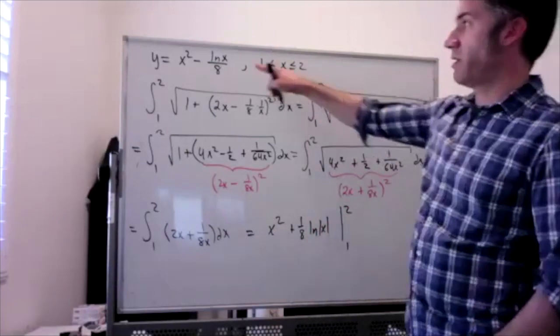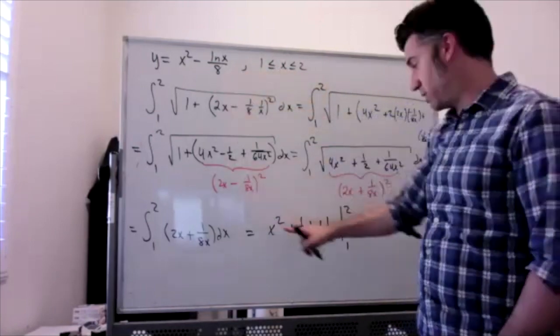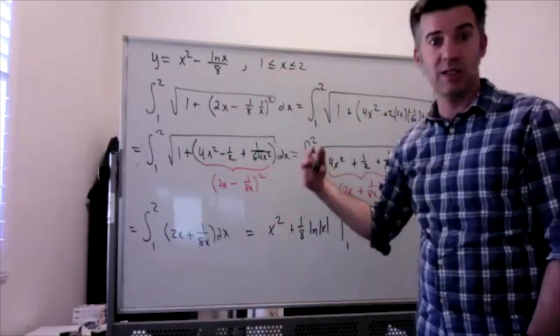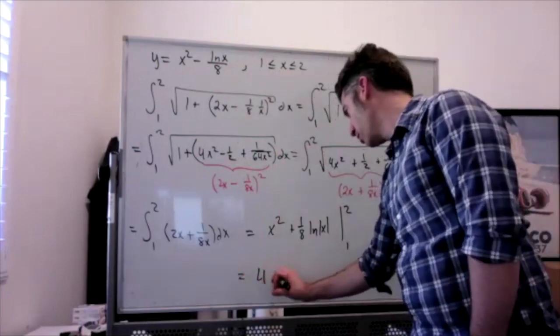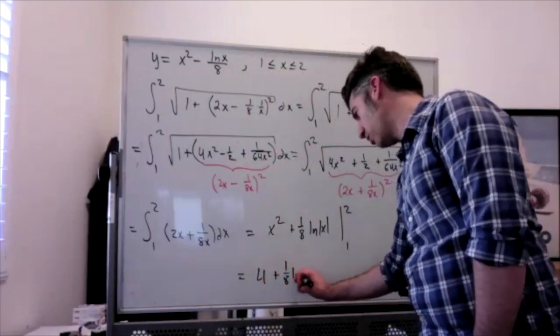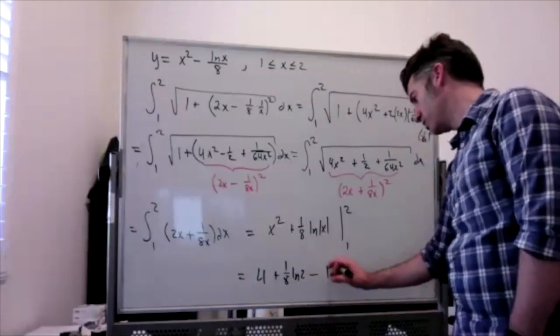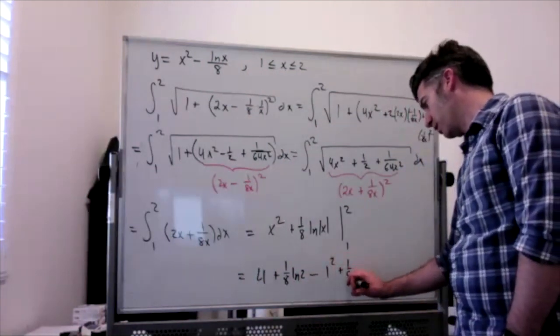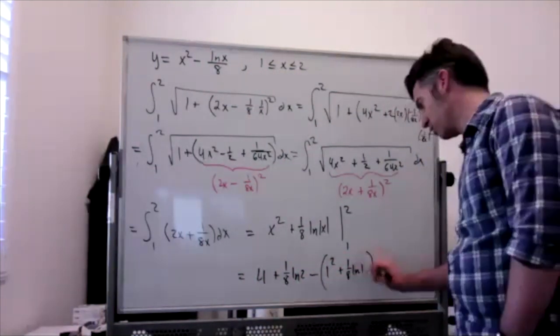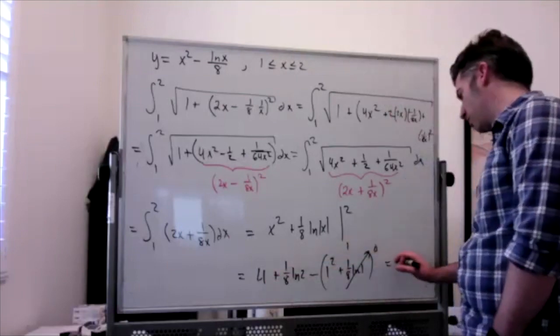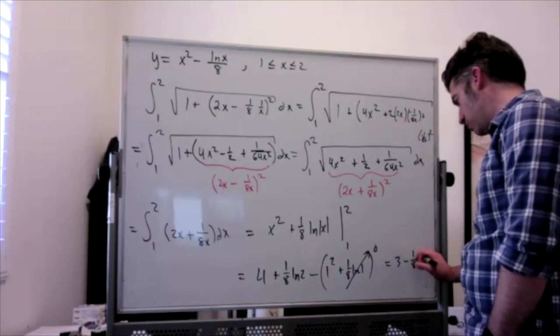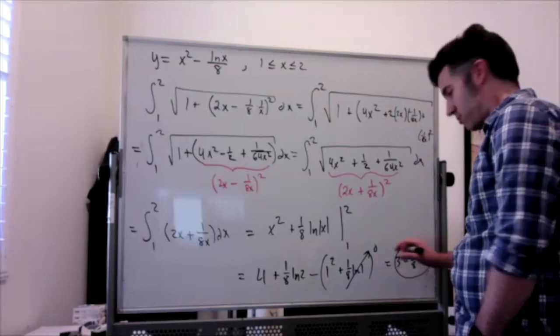And look, I'm back at the function I started with, except the sign between the two pieces is changed. So then you're going to get 2 squared plus 1/8 natural log of 2 minus 1 squared plus 1/8 natural log of 1. Natural log of 1 is 0. 4 minus 1 is 3. So you get 3 minus 1/8 natural log of 2. Neat.